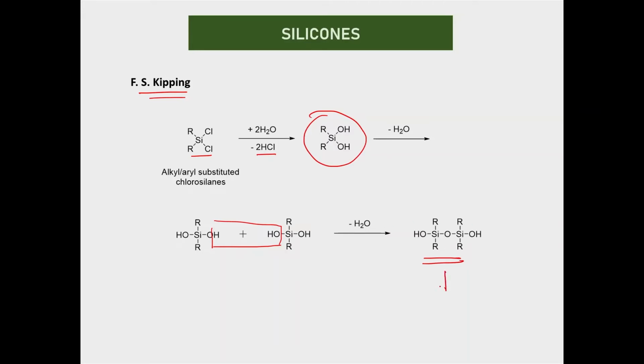Now if we add one more R2Si(OH)2, this chain will increase and we will get something like this: O-Si-R-R-OH, and here let's make one more Si.